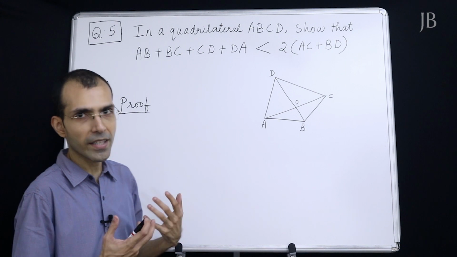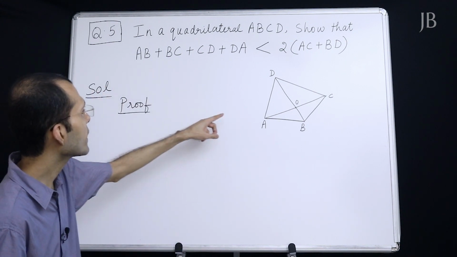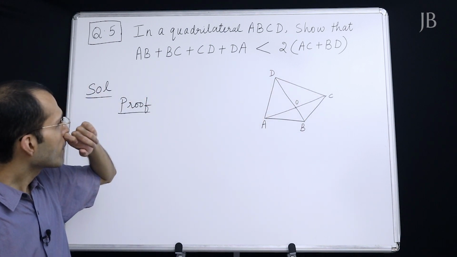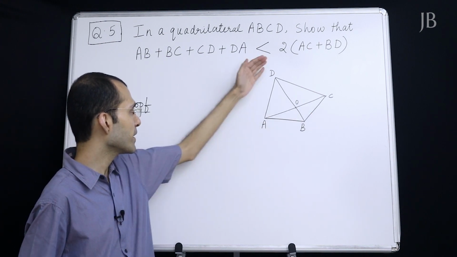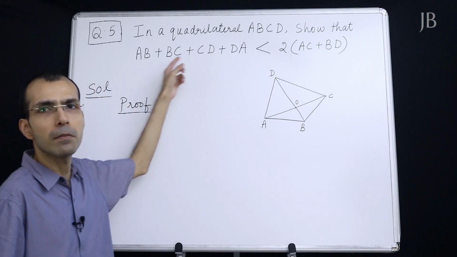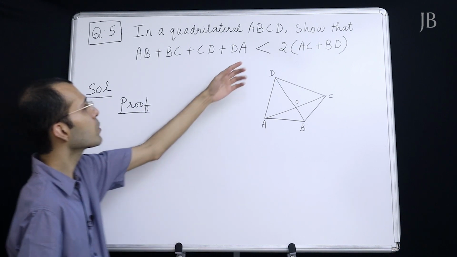That is good. So we can apply some concept which we have been taught. They want AB, BC, CD, DA, the outer sides. So what we'll do is try to keep AB, BC, CD, DA on one side and then simply add them, because the question says add. And how this 2 comes, we will see.